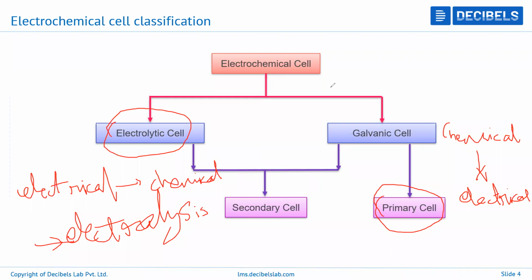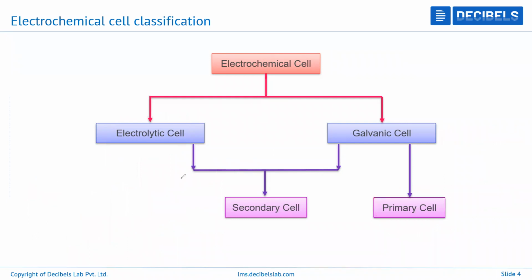So these are the two categories, or two segments, of an electrochemical cell. But when you combine these two concepts together, of an electrolytic cell and of a galvanic cell, you get what is called a secondary cell. Basically it can work both ways.